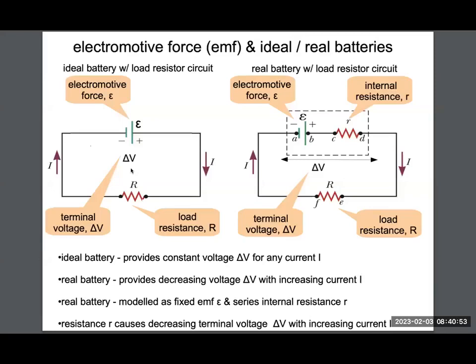On this slide, I want to introduce real batteries and ideal batteries. On the left-hand side, we've got a circuit diagram that involves an ideal battery, and on the right-hand side a circuit diagram that involves a real battery. And we're going to discuss these two circuit diagrams, and introduce some terms like EMF, load resistor, and internal resistor.